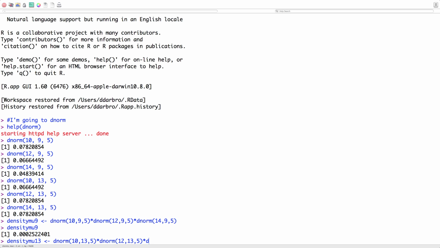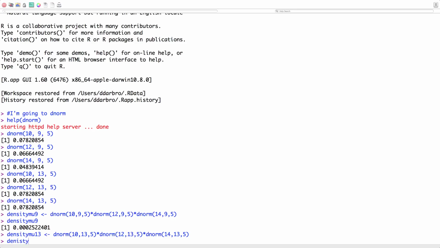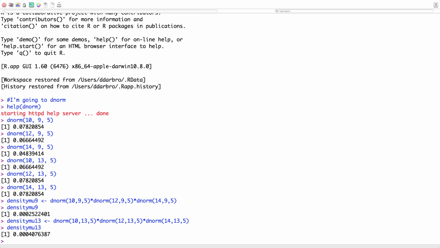I get a density for mu of 13 which is almost double that of the density when mu is equal to 9.